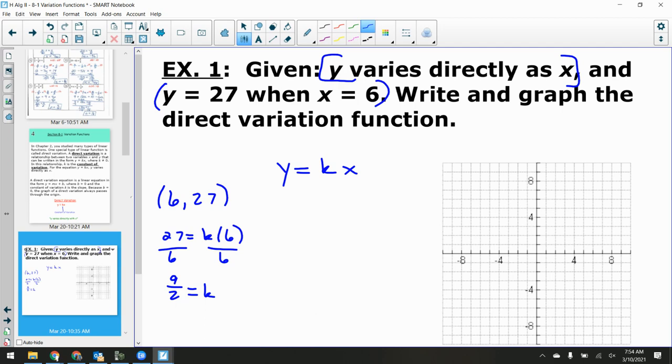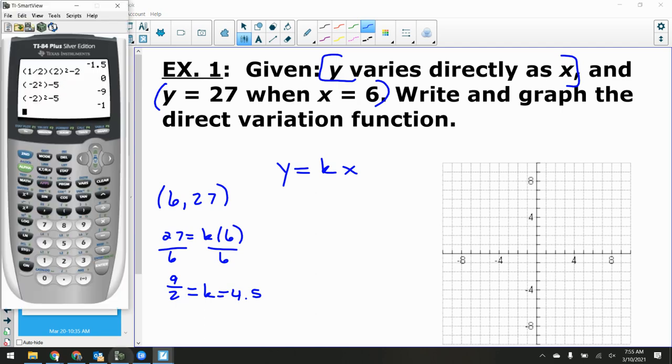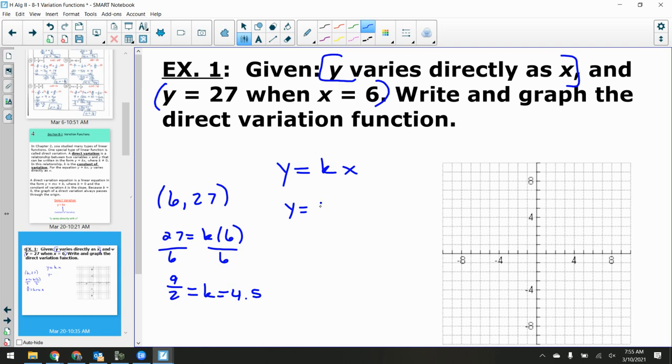If you wanted to give me 4.5 there, that'd be fine too. For our purposes right now, I'm okay with the decimal. Later on, I will not be. 27 over 6, 4.5. All right, so y is equal to 4.5x, or 9 halves x. Y is equal to 9 over 2x. I guess I'll write it as a fraction as well.